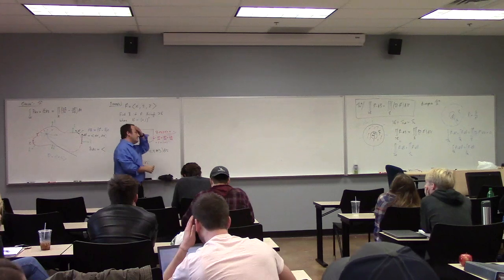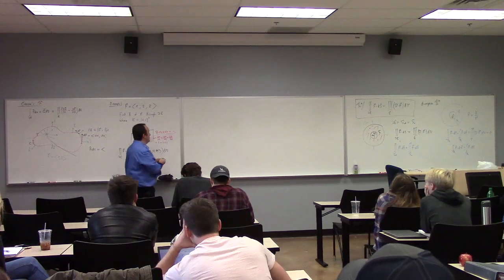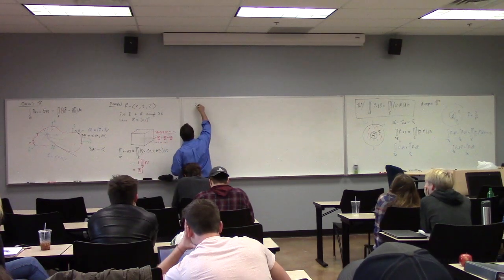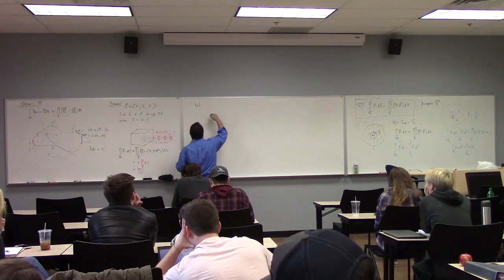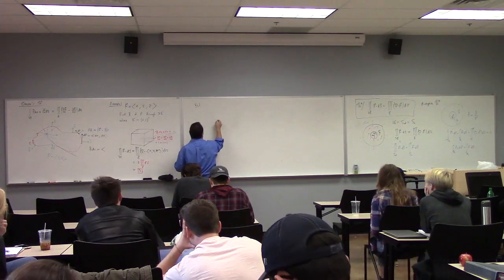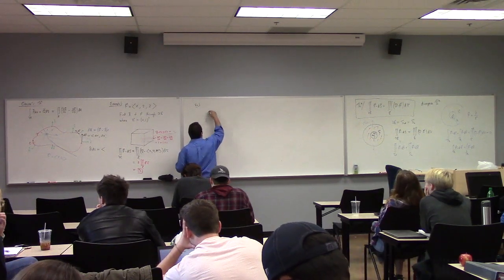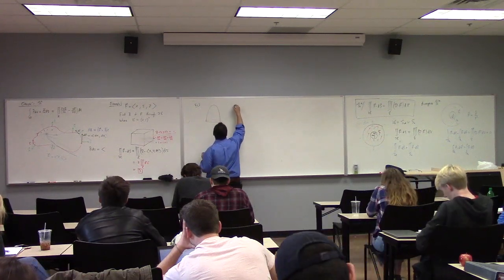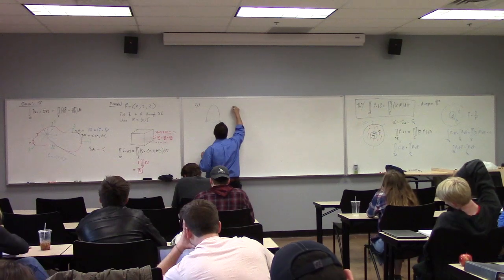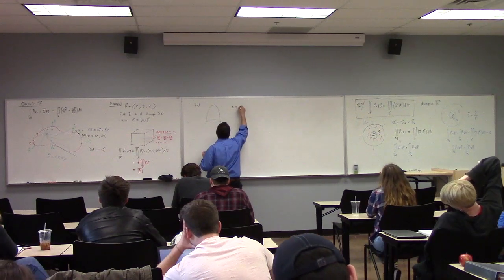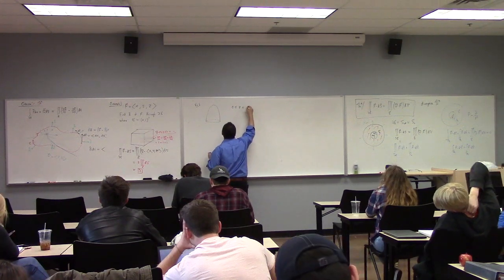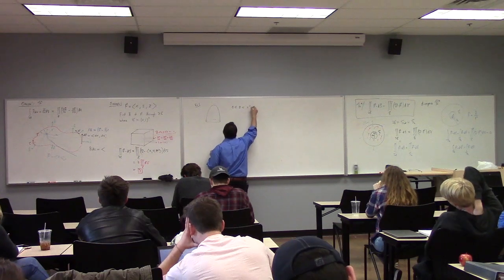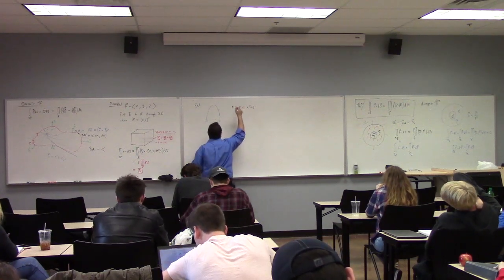So let's see here, another example. We could have something like this. Suppose you look at a parabola. So here I'm looking at 0 less than or equal to z less than or equal to, say, x squared plus y squared, right?